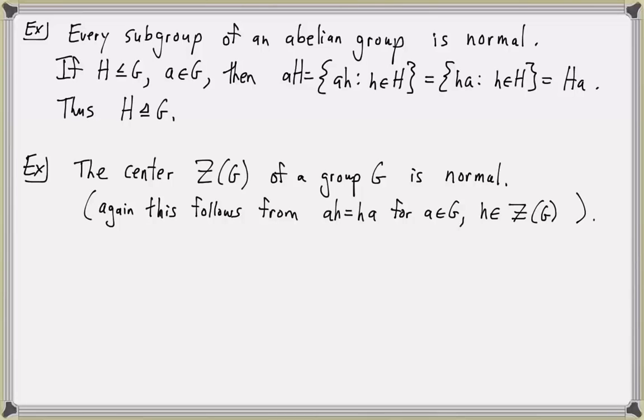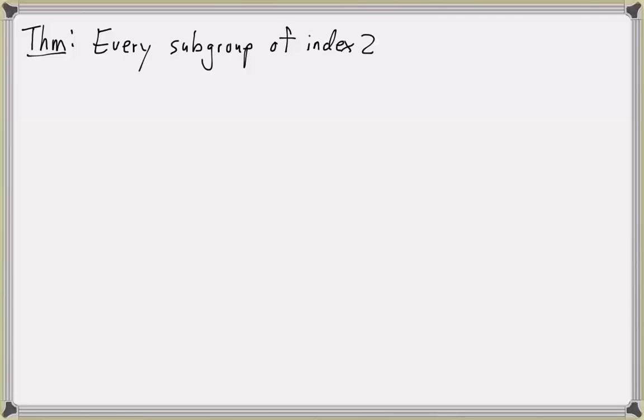Now for a less trivial example, we prove a theorem about normal subgroups. Every subgroup of index 2 is a normal subgroup.